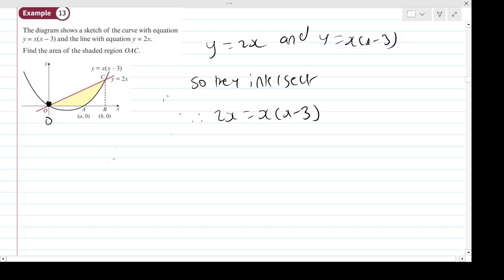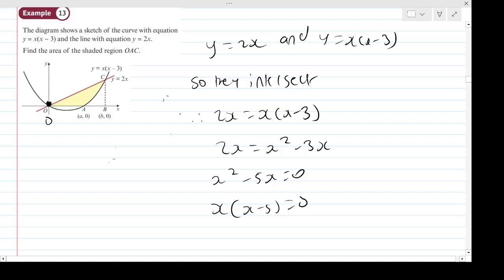Then we can expand the bracket to get 2x is x squared, take away 3x. Then we move the 2x to the other side to get x squared, take away 5x equals 0. So x lots of x minus 5 equals 0.